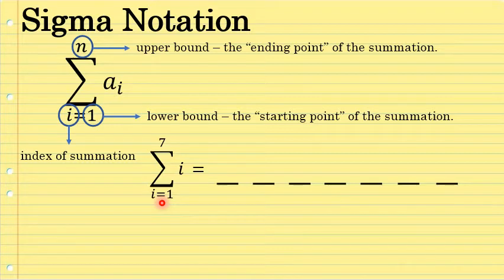In this sum, the lower bound is 1, so the sum begins with i having a value of 1. So in the first term, i's value will be 1. Then, in the second term, i will have a value of 2. In the third term of the sum, i has a value of 3, and so on.